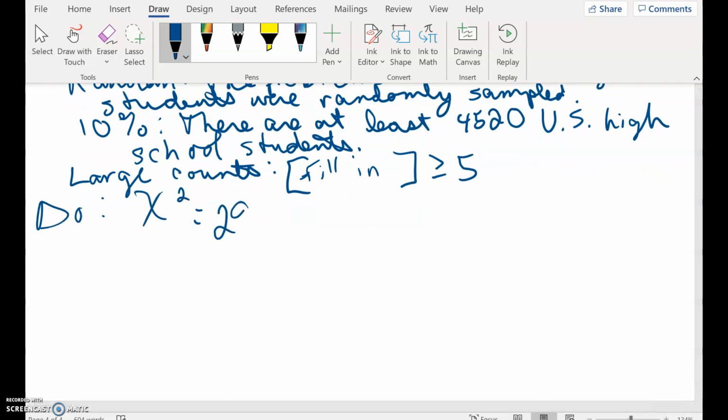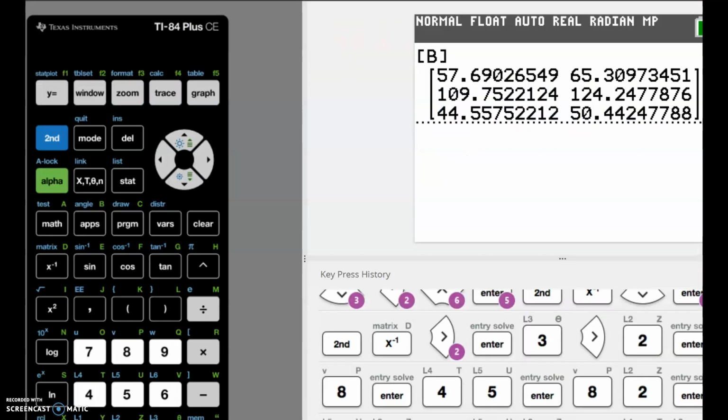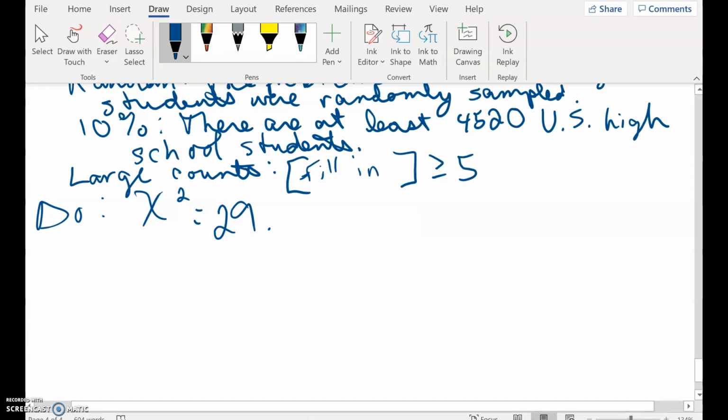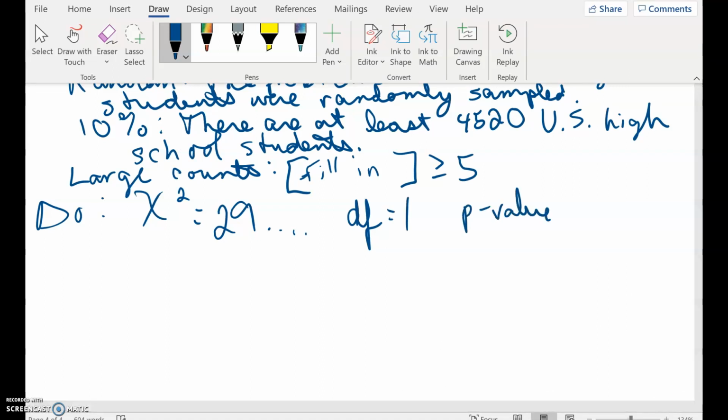Chi-squared is 29 point whatever it was. I don't even have it now. Degrees of freedom is 1, and p-value is essentially 0.